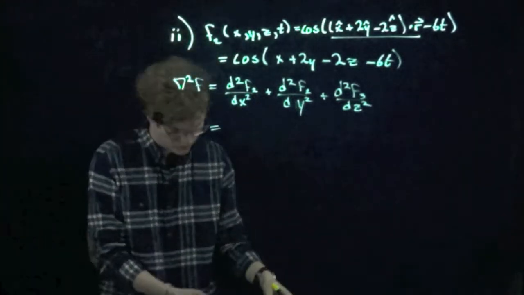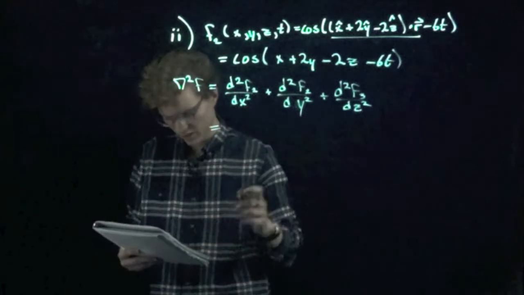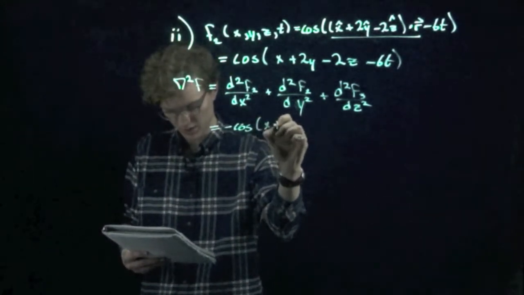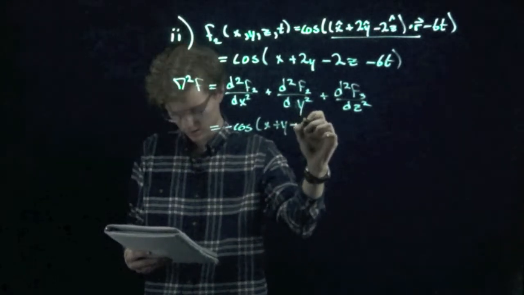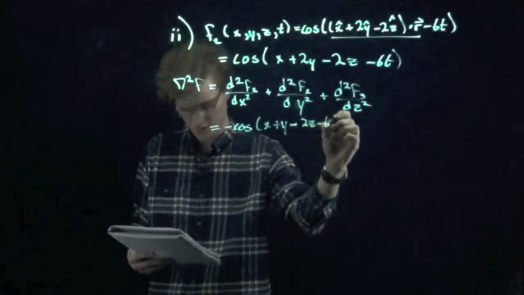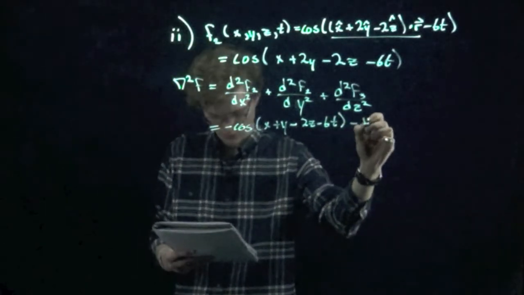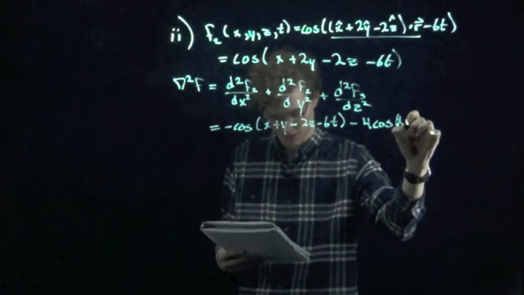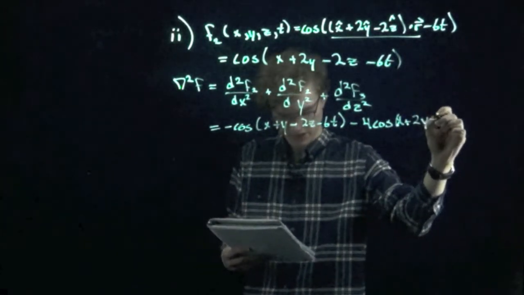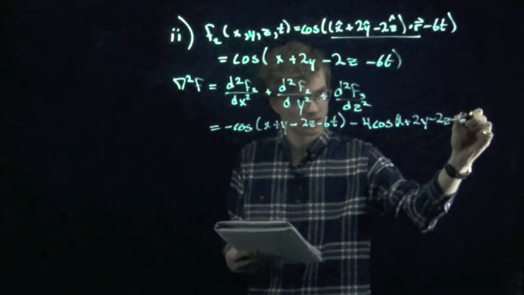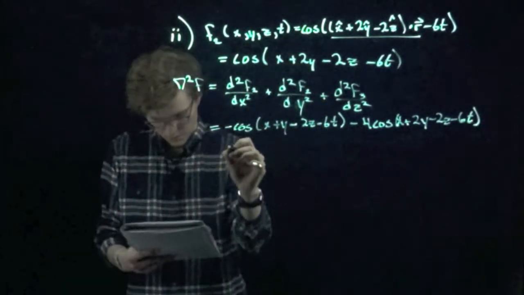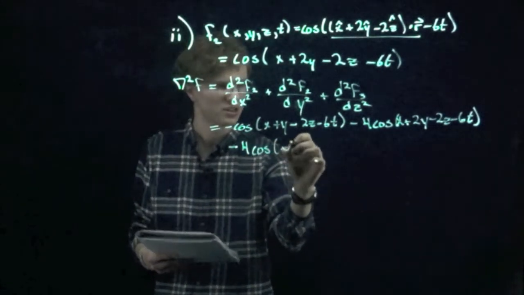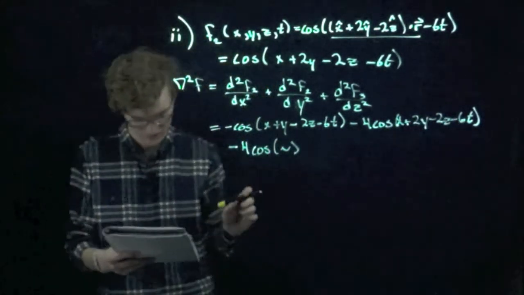I'm just going to run through this quickly. We end up getting negative cos of x plus 2y minus 2z minus 6t, minus 4 cos of x plus 2y minus 2z minus 6t, minus 4 cos of the same argument, and I'm just going to write a twiddle here so that I don't have to rewrite the inside a third time.